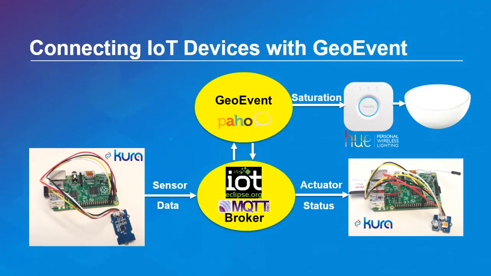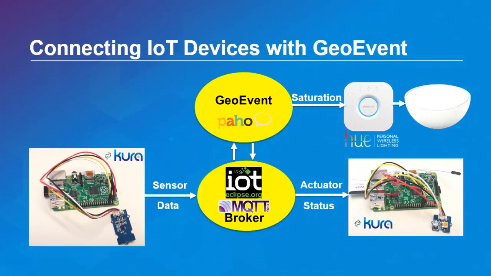So here's the sequence of events. This Raspberry Pi updates the IoT integration platform whenever it detects a temperature change from its sensor. And the GeoEvent extension has an input that subscribes to the IoT integration platform, and it gets notified when the temperature is changed.